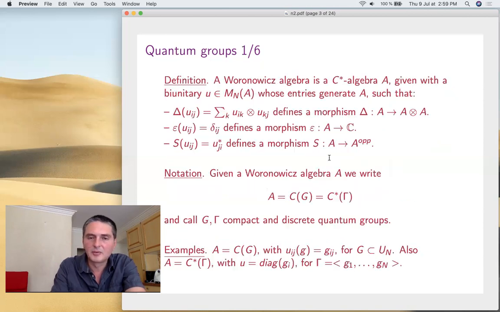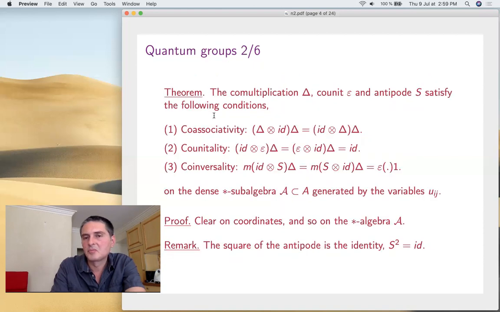Let's go back to the previous slide. You see delta, epsilon, S are given on generators. Just verify them on generators. So by linearity and continuity it should be true in general. And of course, the square of the antipode is the identity. That's clear also on the coordinates, and I should have put it here, but not really, because in group theory that's not an axiom.